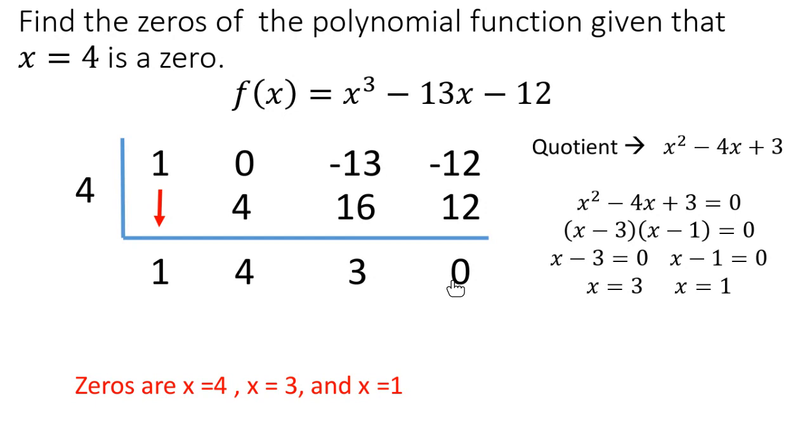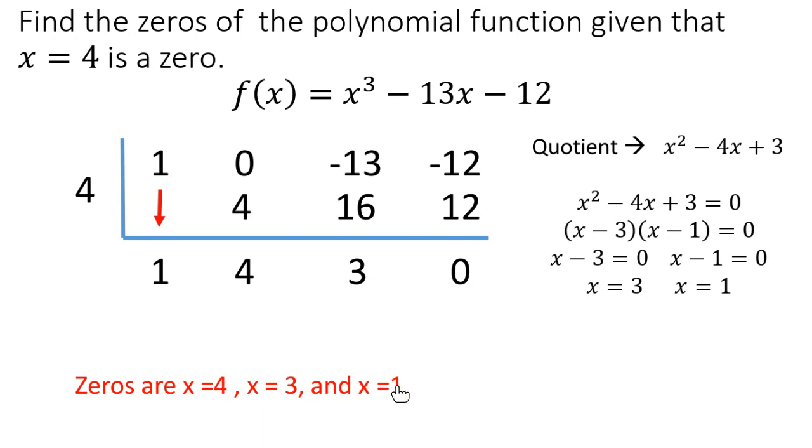If I didn't get a 0 here, that means that I did something wrong because they're telling me that x equals 4 is a zero, so my remainder better be a 0. If I get the quotient, then I get x squared minus 4x plus 3. That comes from these three numbers here. Now notice that it's quadratic, so we can factor and find the other two zeros. So we have 3 zeros.